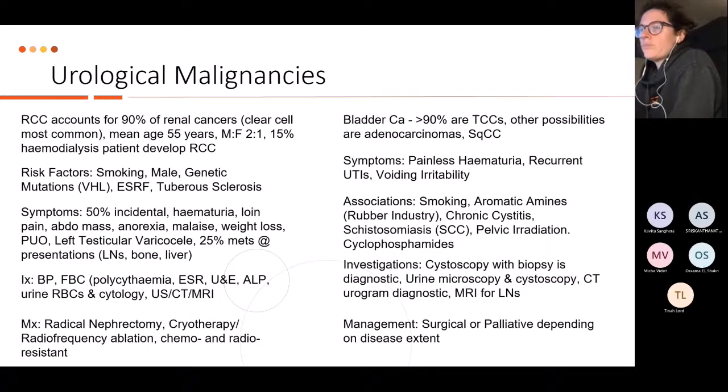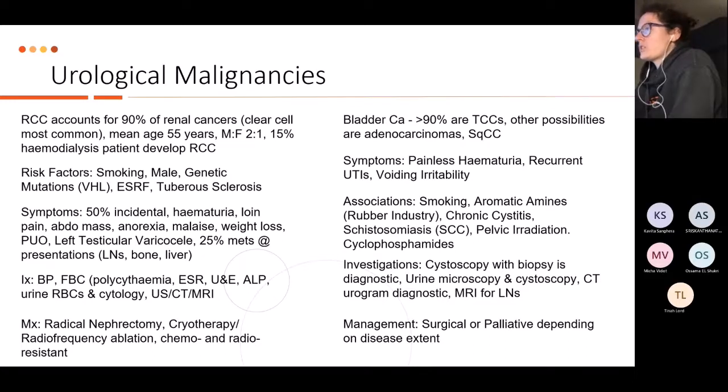Symptoms are often minimal, unfortunately, so sometimes things like the left testicular varicocele can be one of the few indicators for it. Treatment: remove the kidney if you're lucky. Otherwise, you can do cryotherapy, radiofrequency ablation, but unfortunately RCCs are generally quite chemo-radio resistant. So if it's metastatic, the prognosis is poor.